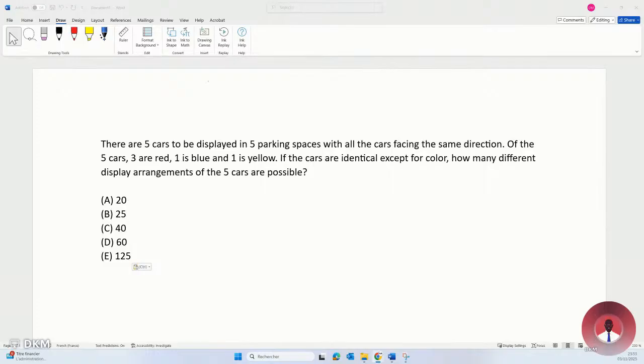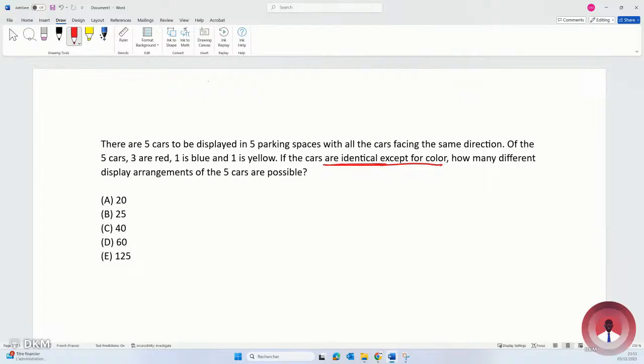It says, there are 5 cars to be displayed in 5 parking spaces with all the cars facing the same direction. Of the 5 cars, 3 are red, 1 is blue, and 1 is yellow. If the cars are identical except for color, here is a very important sentence to note, how many different display arrangements of the cars are possible?